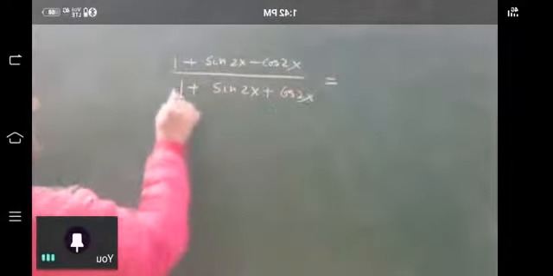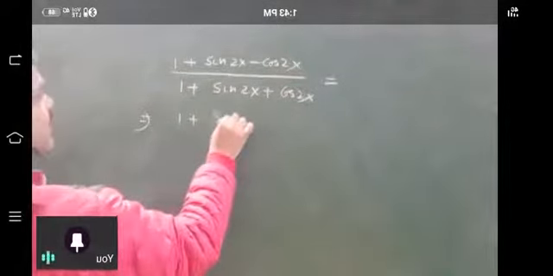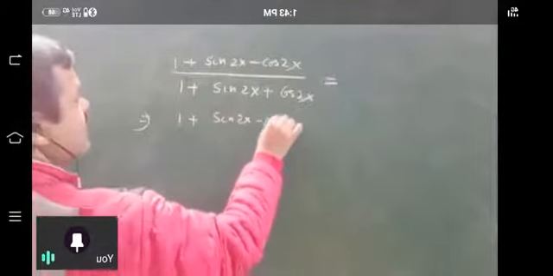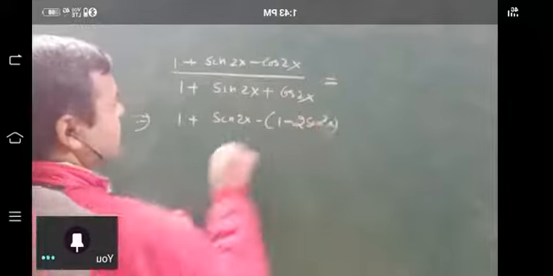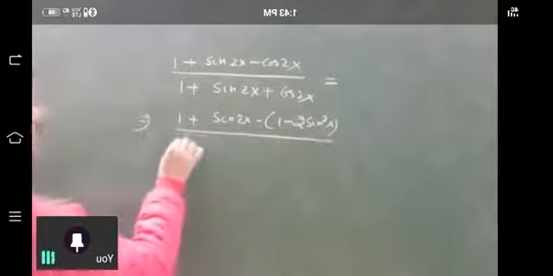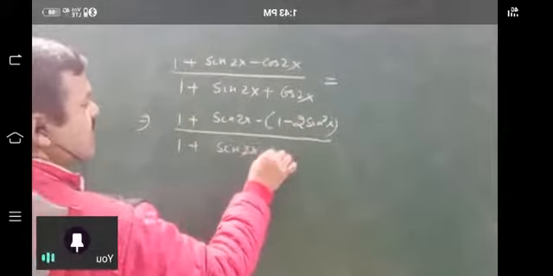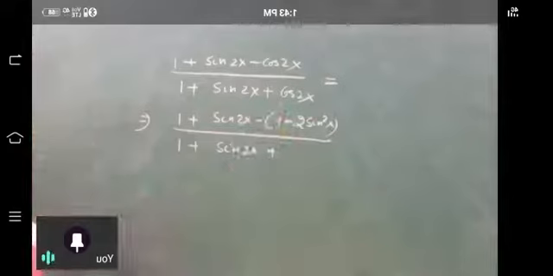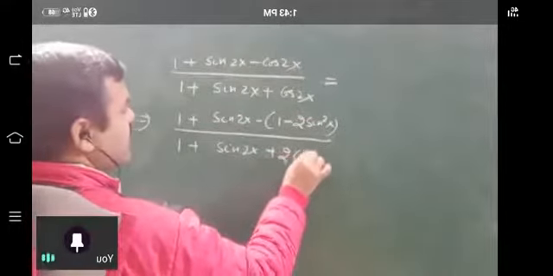So here this is equal to 1 plus sin 2x minus 1 minus 2 sin square x divided by 1 plus sin 2x and the cos 2x identity, that is 2 cos square x minus 1.